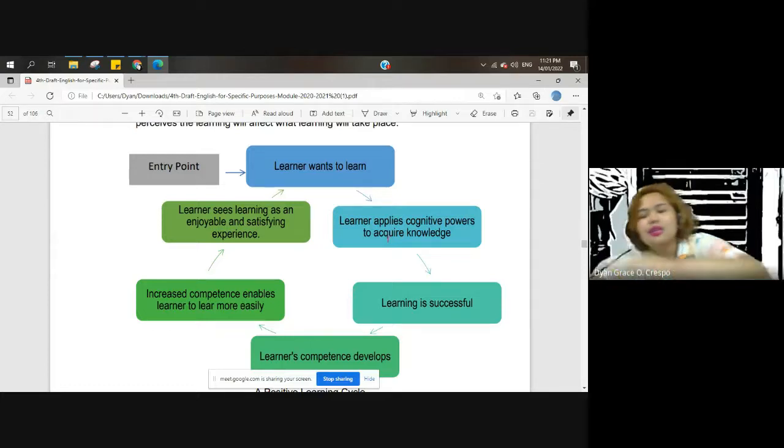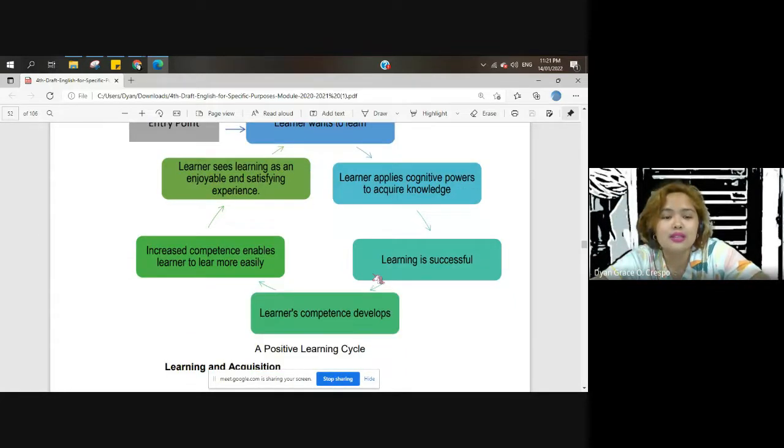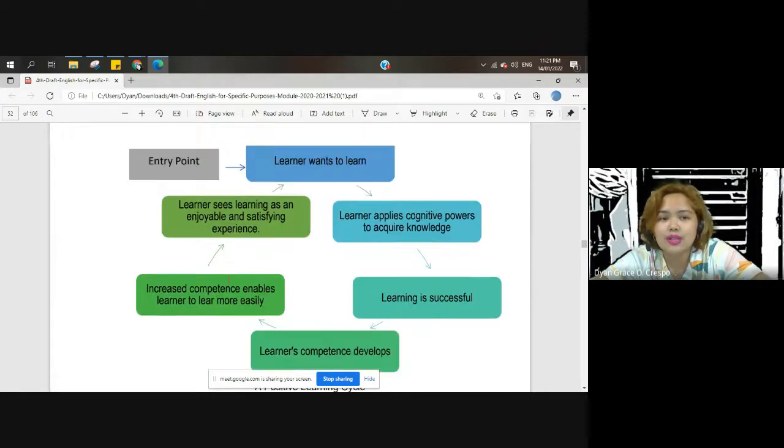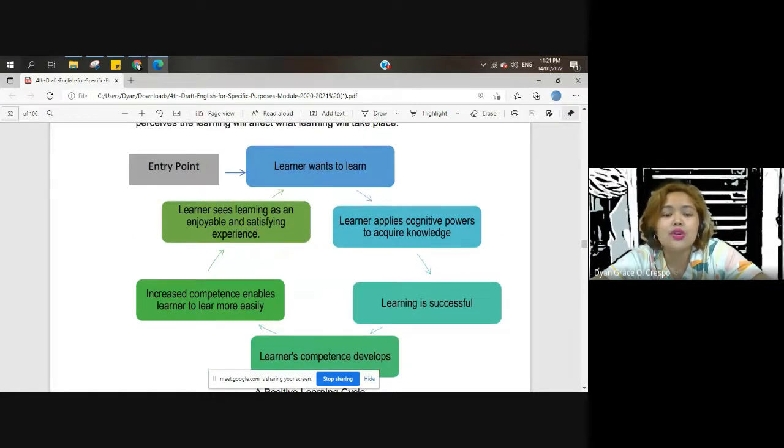So, iintindihin niya yon, gagamitin niya ang kanyang utak para intindihin ang lesson. Now, ang learning ay naging successful. Now, dahil naging successful yun, na-develop ang competent ng learner. And that's why it was increased to enables learner to learn more easily. And the learner sees learning as an enjoyable and satisfying experience kasi natuto siya.